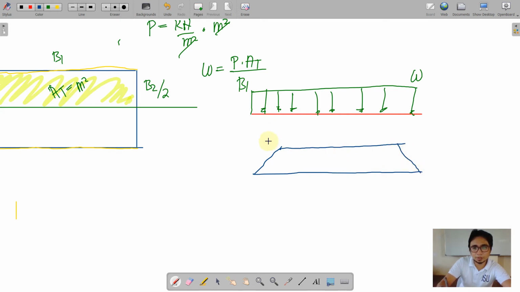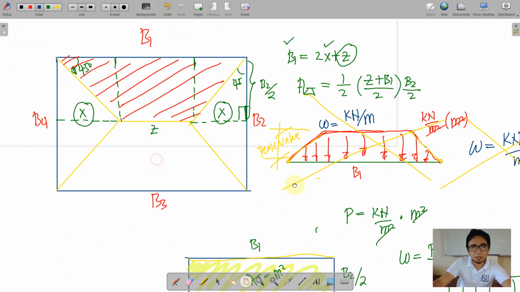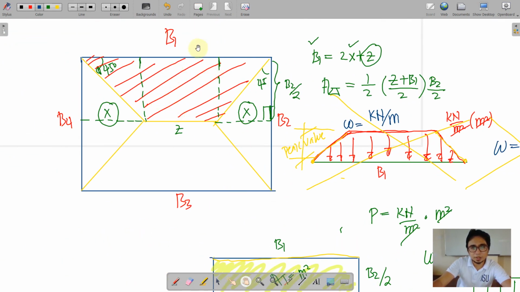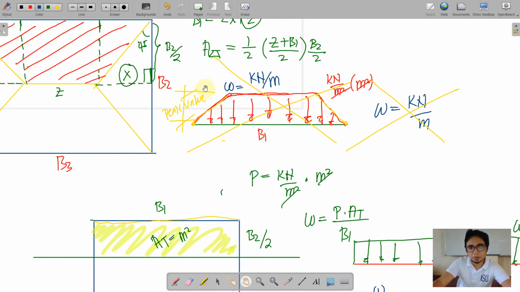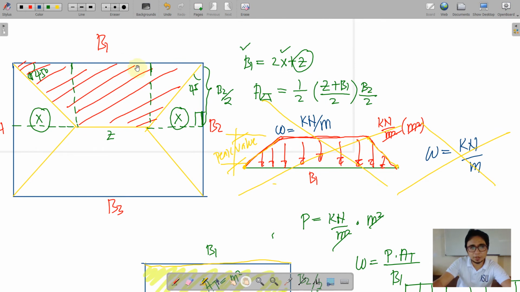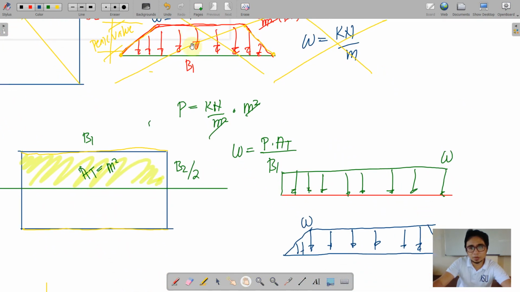Okay, so this is also W. Okay, so that's how to get that one, not by merely determining the area here and then multiplying it by the pressure and then just simply dividing it by B1. So that is a wrong solution.